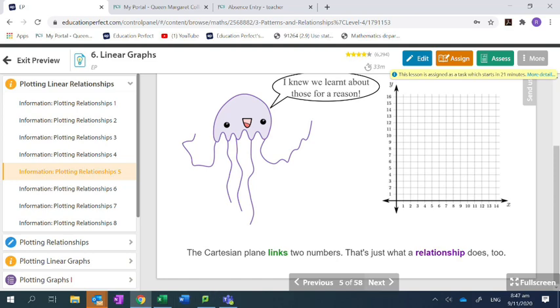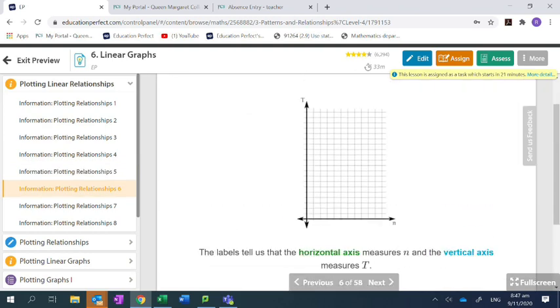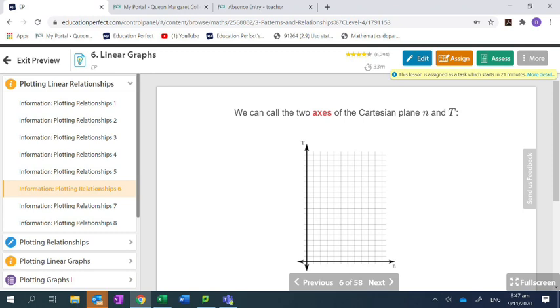So we can plot those relationships on the Cartesian plane simply by plotting each point. Remember that you can change the labels for the axes to fit your situation. In this case, we have an n and we have a t. So what they've done is they've replaced the x with our n and our y with our t. The values don't matter. The order does.